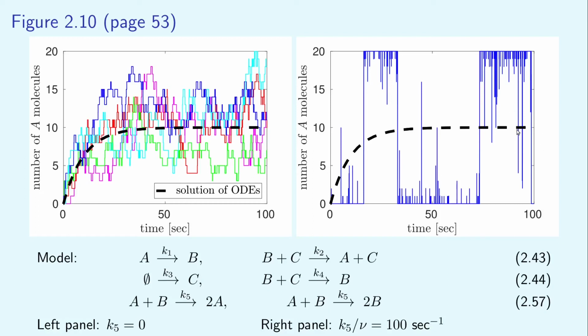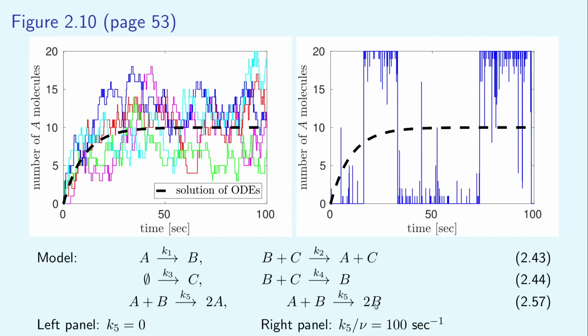While this result could look counterintuitive to some of you, it is actually what we could expect from our model for larger values of K5. If K5 is large, then these two reactions will happen very quickly, provided that there are some pairs of reactants available in the system. Since the sum A plus B is equal to 20, there will only be two states when this reaction cannot happen.